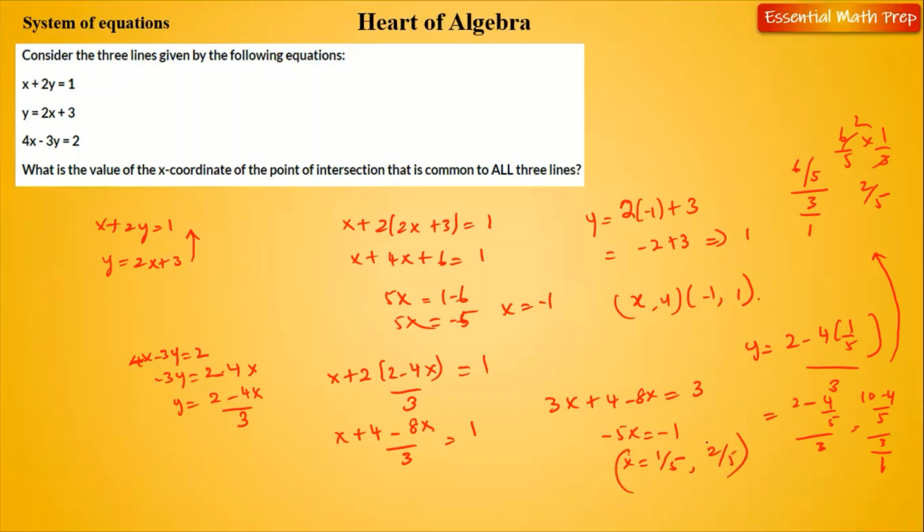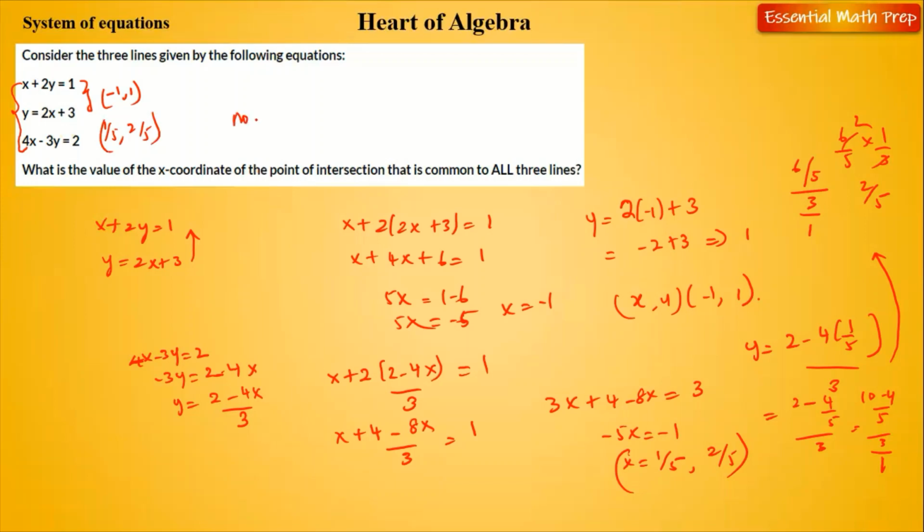These two xy values don't match. The intersection point for these two is negative 1 and 1, and the intersection for these two is 1 over 5 and 2 over 5. These two values are not the same, so there is no common point of intersection.